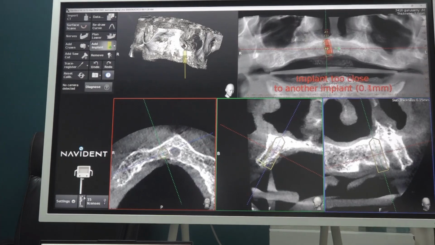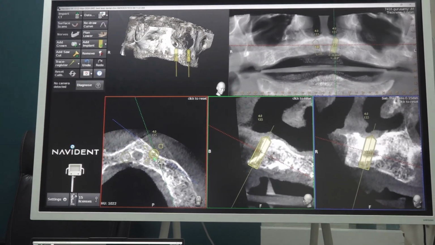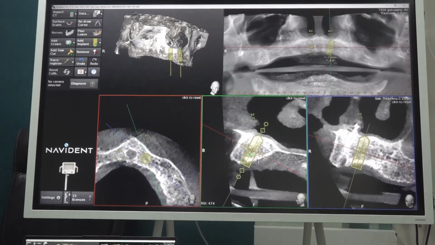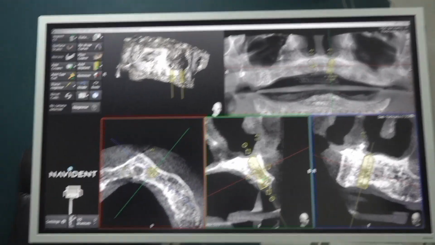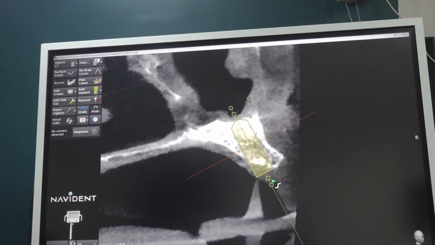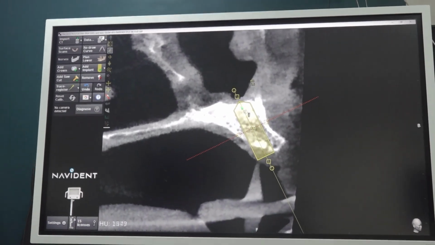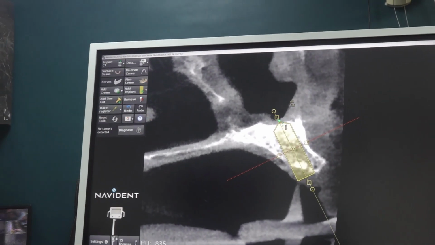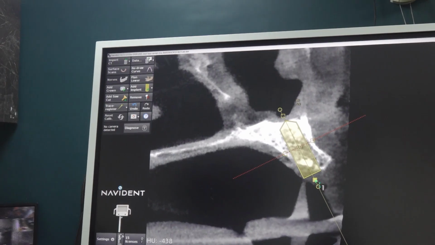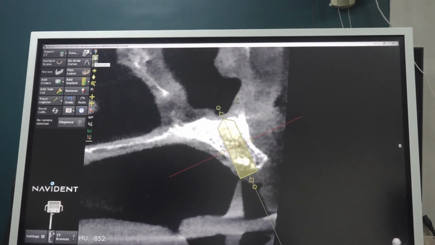So palatal approach is what saves us. Here also same. Palatal you are telling, and nasal floor is 17 mm, which is very good. 13 mm is very good. You don't have to do any alveoplasty.